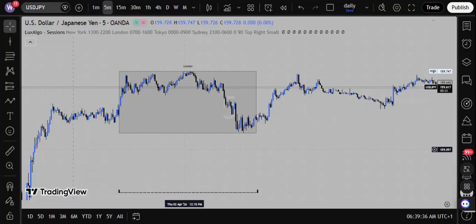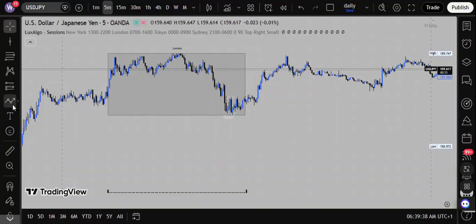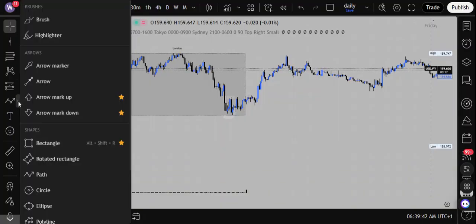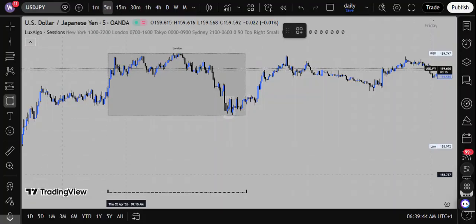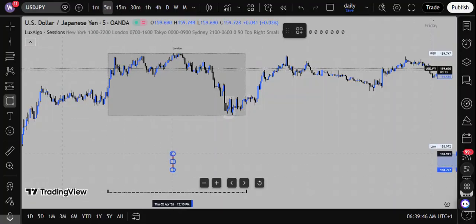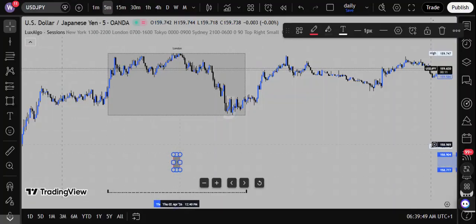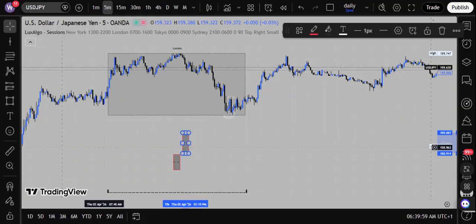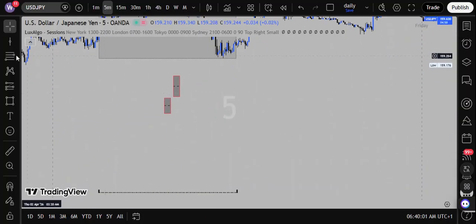What does fair value gap simply mean? Fair value gap is when we have a displacement in the market. So when you have three subsequent candles forming right above each other, without closing below each candle, right? Okay.